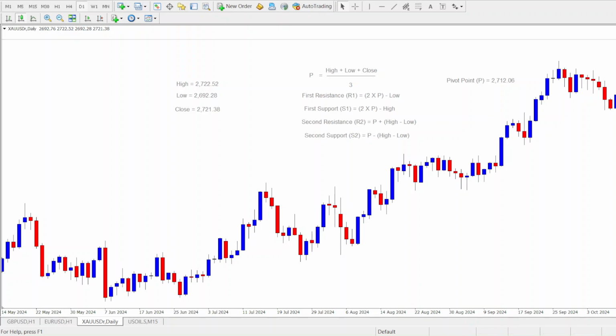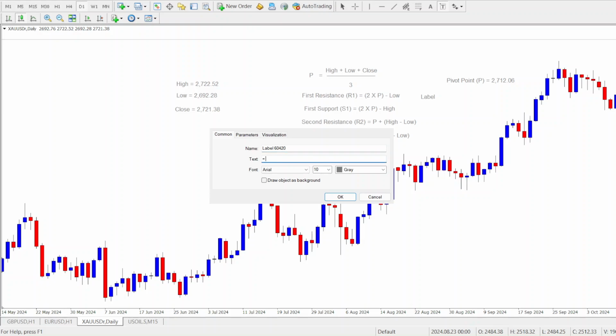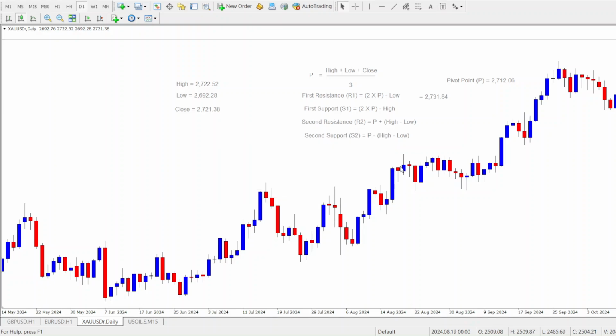We have 2731.84. So using this as our pivot point and this as our low, we had this value when calculating the first resistance using this candlestick.